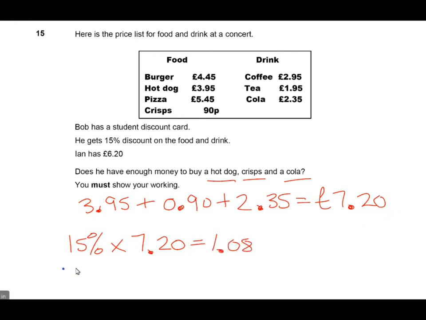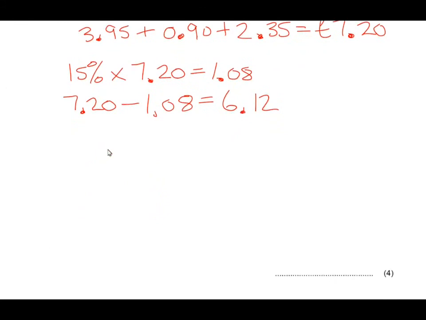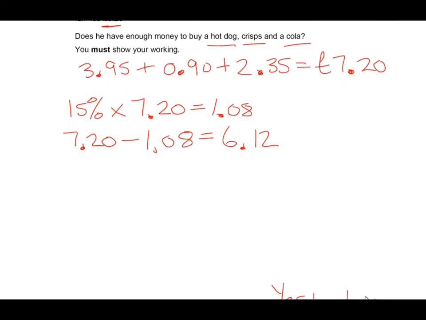So £7.20, take away the student discount, is £6.12. He's got £6.20. So to answer our question, yes, he has enough. And he's probably got 8 pence to spare as change.